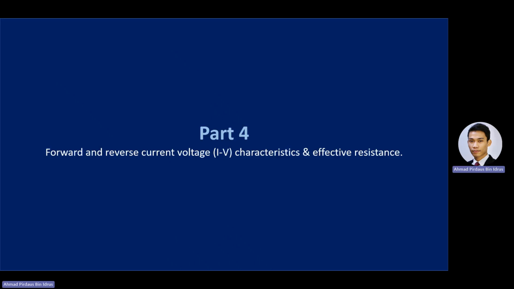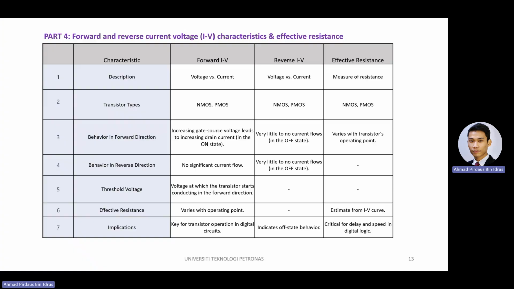Okay, we've come to part 4, that is the forward and reverse current-voltage characteristic and effective resistance. We have summarized this as follows. These are the aspects: we have the forward IV, the reverse IV, and the effective resistance.